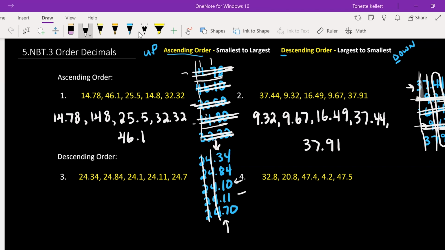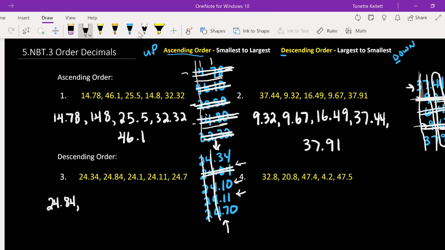This one and this one have a 1 and then a 0 and a 1 and a 1. Oh, wait, I'm starting at the largest. I didn't do descending, did I? So the largest would be the 8. 24.84, crossing it off.